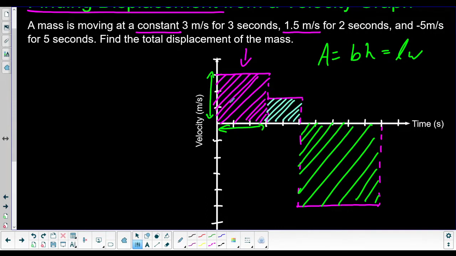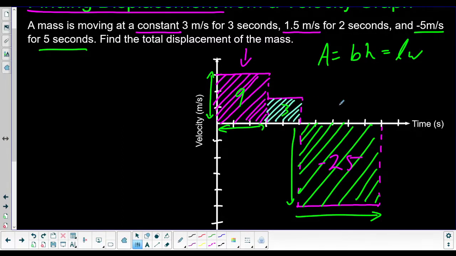So 3 times 3. The area of this one is 9. This one is 2 wide and 1.5 tall. So 2 times 1.5 is 3. And then this one is -5 and 5 wide. So -5 times 5. This one is going to be -25.